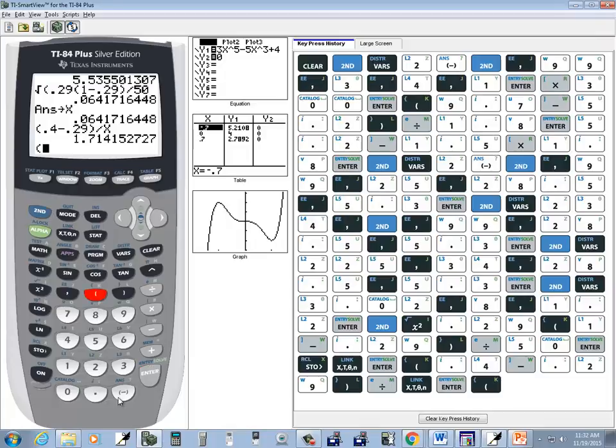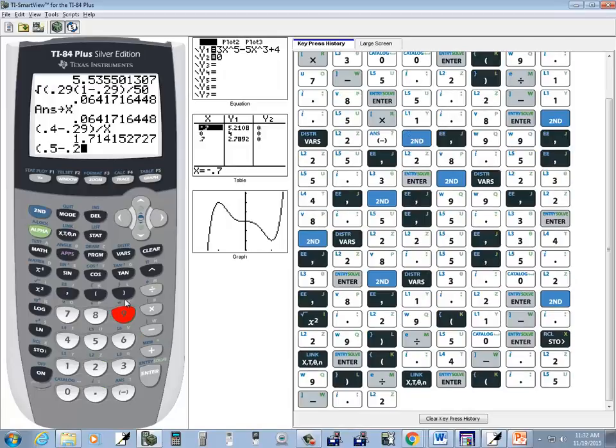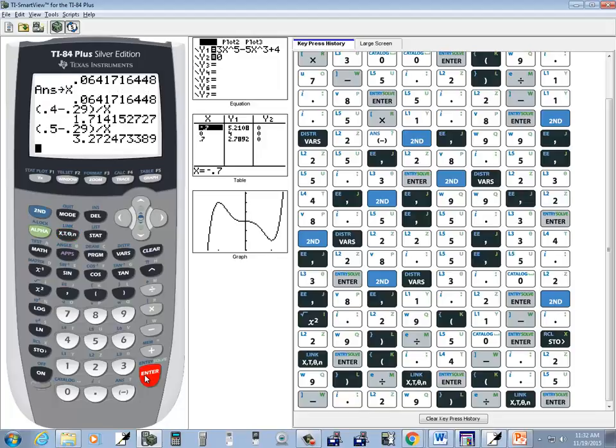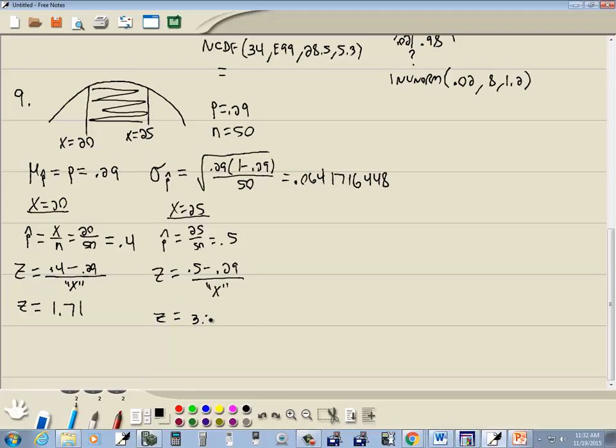So I do beginning parentheses, 0.5 minus 0.29, close parentheses, divided by, and x is where we stored that, and then press enter. And we got 3.27. Now our picture says we're going between 1.71 and 3.27, but these are z values. So that's z equals, and this is z equals.